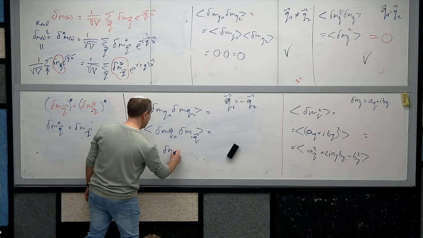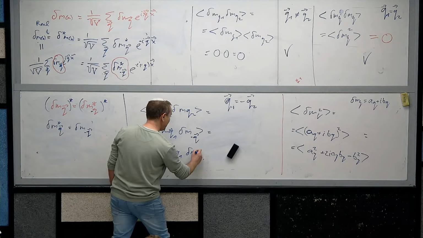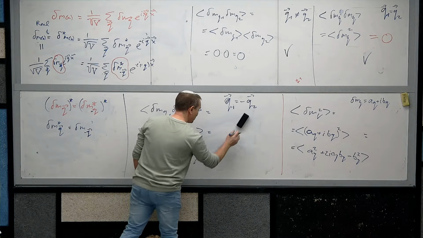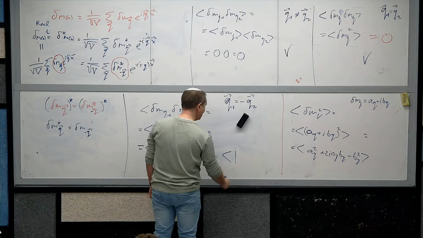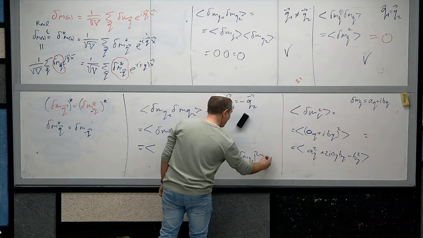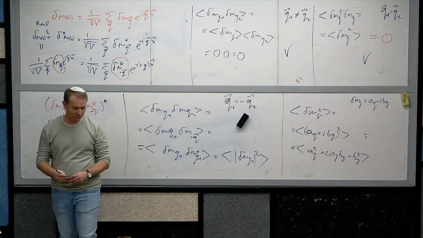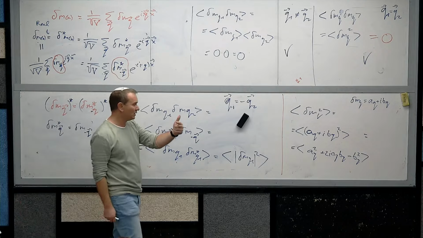So delta m q1 delta m q1 complex conjugate is the average of the absolute value of delta m q1 squared. This is the only contribution to those double sums which is not 0.